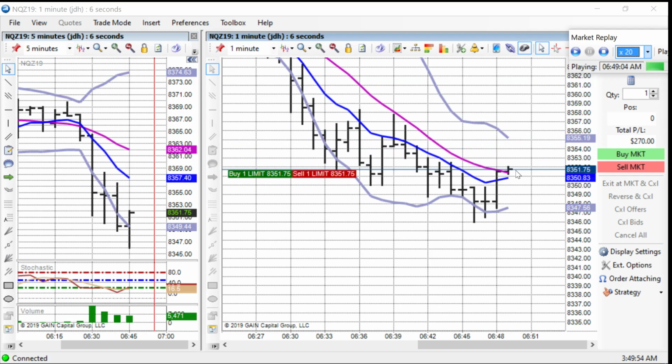Okay, see, this looks like a trend reversal. Now what I would need to see for this to be an actual trend reversal is a 1, 2, 3 formation, simply because this slope is so steep. And I see it's bouncing off the lower Bollinger Band on the 5-minute chart, but it's got a good ways to go, but I see it's not going to really change this trend all that much.